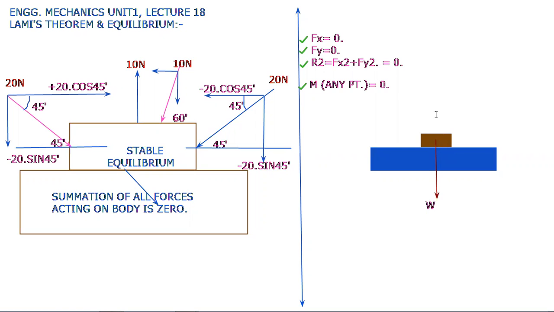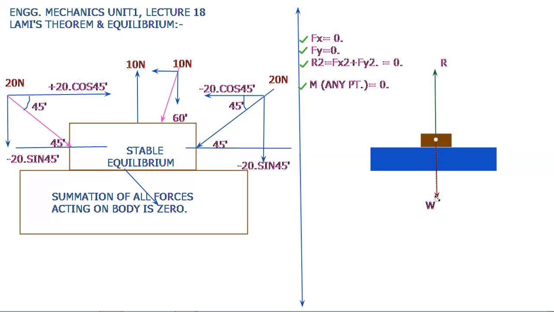So this W is the force exerted by the duster on the table, and therefore the table will exert an equal and opposite force, and that force will be your reaction force, vertically in upward direction. So this will be your R. R is nothing but the reaction force.